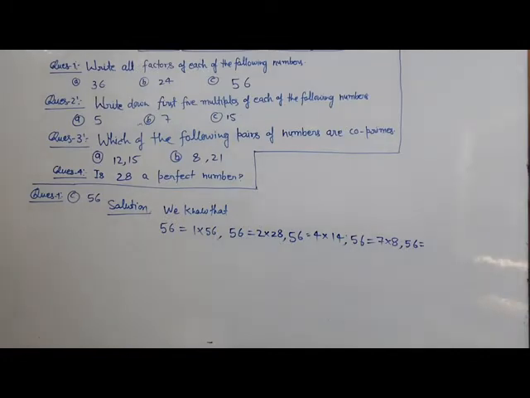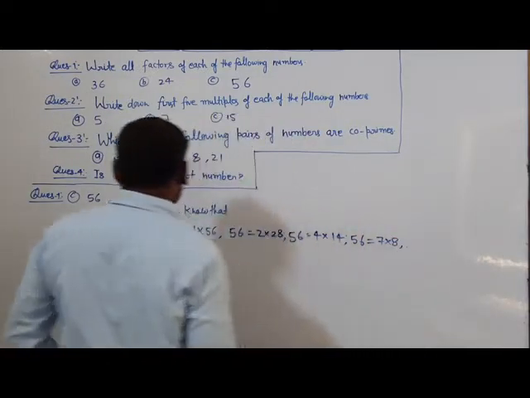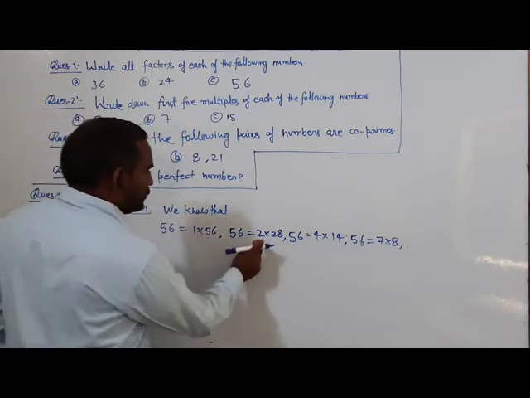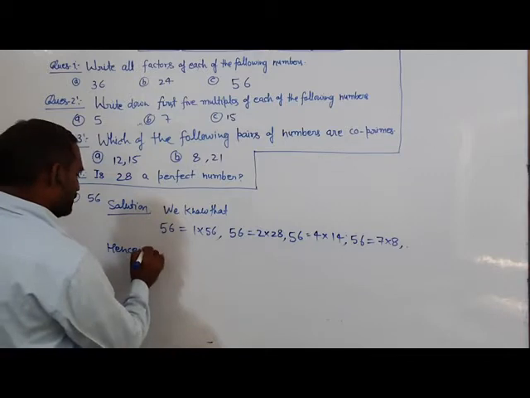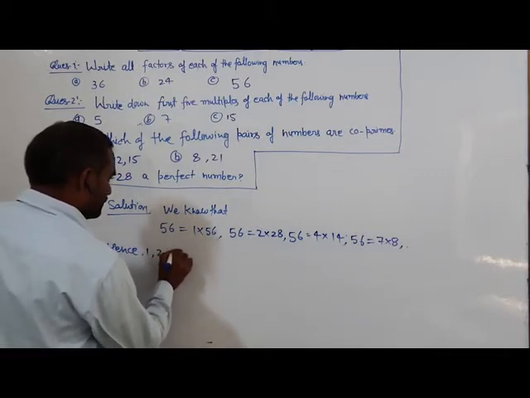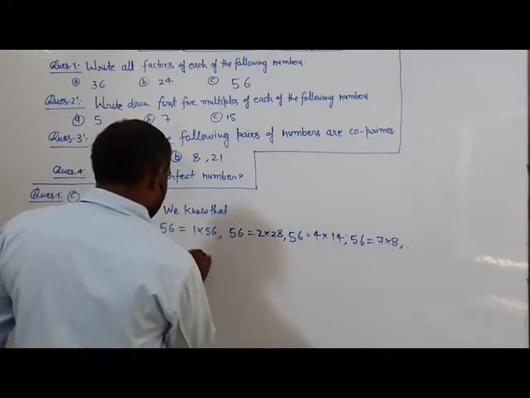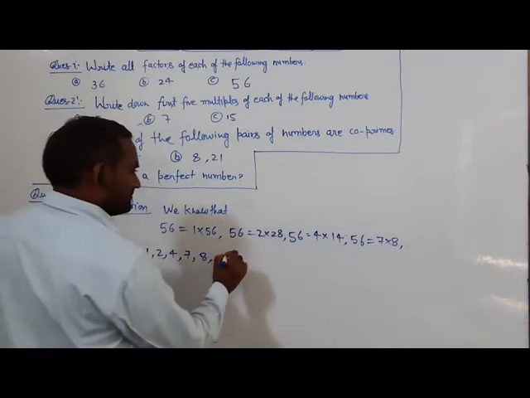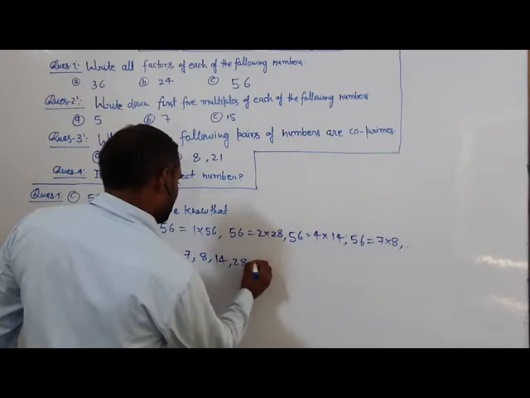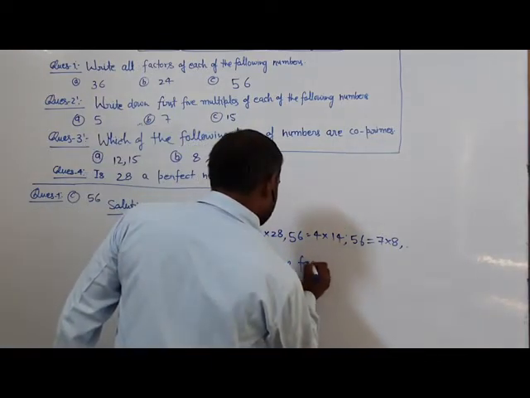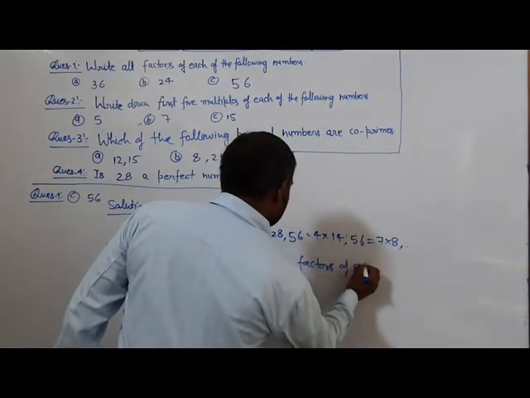So we can say that 1, 2, 4, 7, 8, 14, 28 and 56 are factors of 56. Here 56 is 1 into 56, 2 into 28, 4 into 14, and 7 into 8.